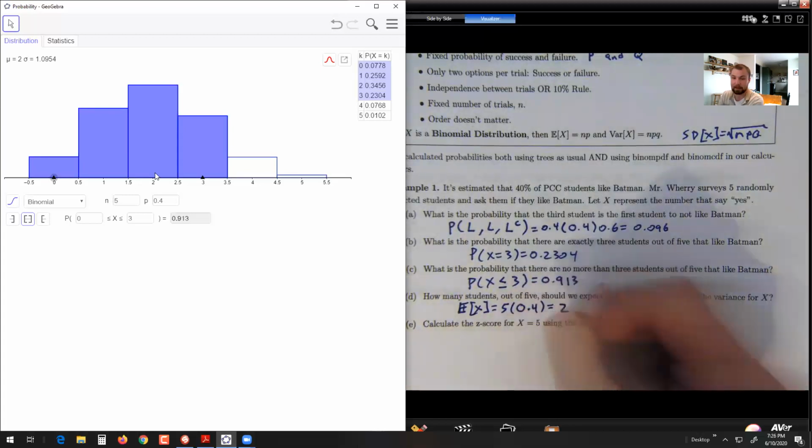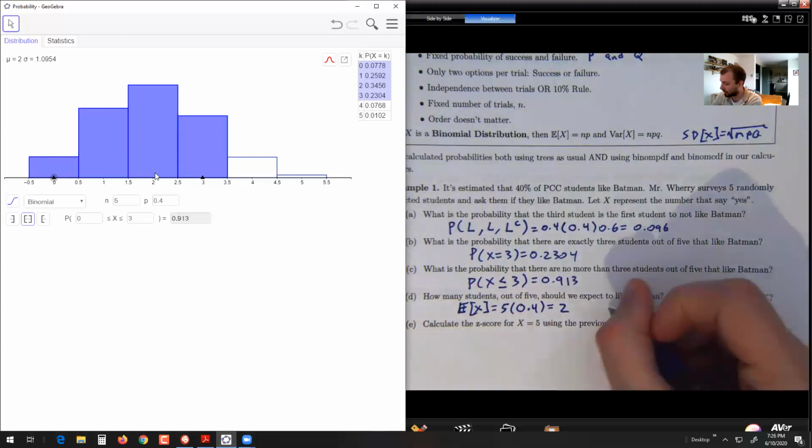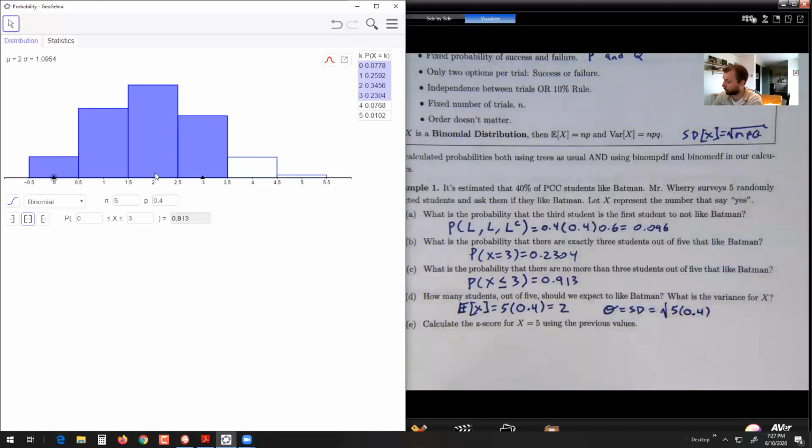That does give me an average of 2, just as it looks in that graph. Let's also find, it says the variance, but let's find the standard deviation instead. I'm going to take the square root of my n is 5, my p is 0.4, and my q is 0.6.